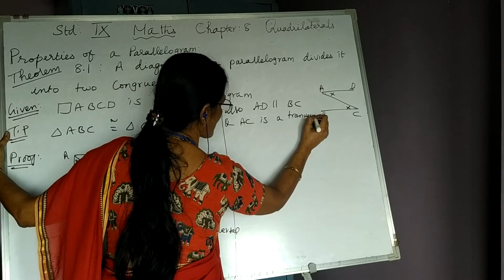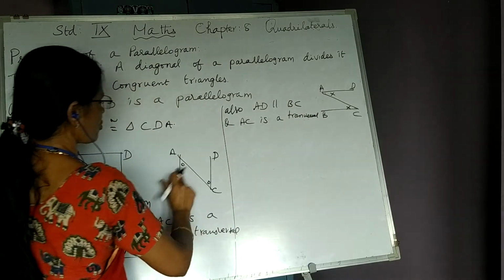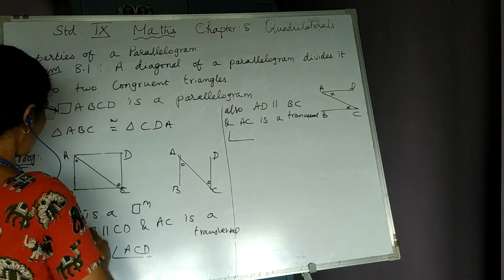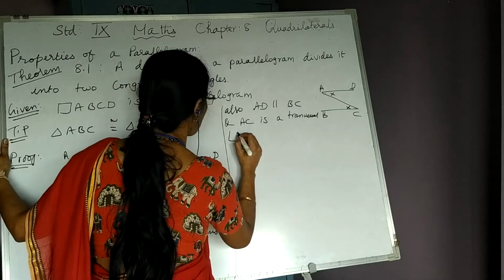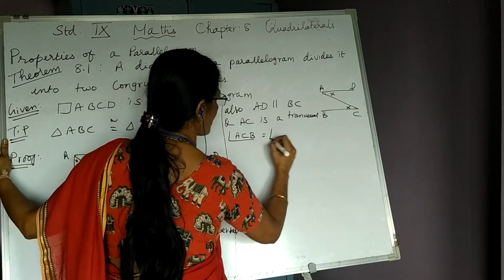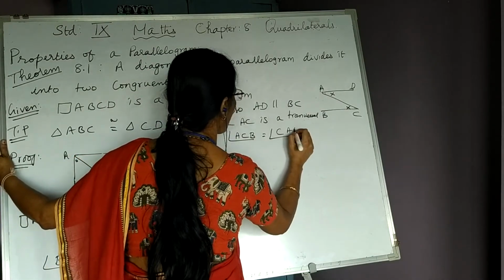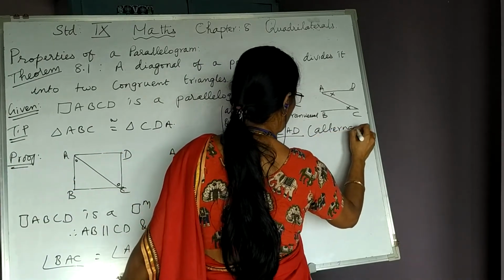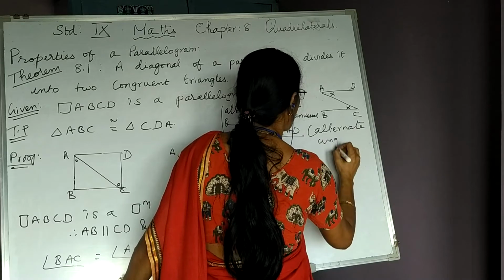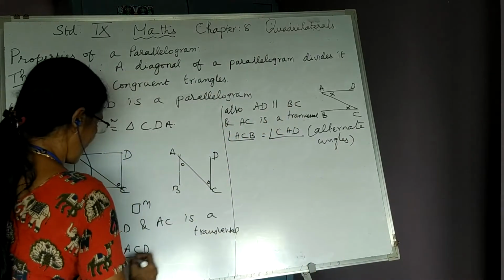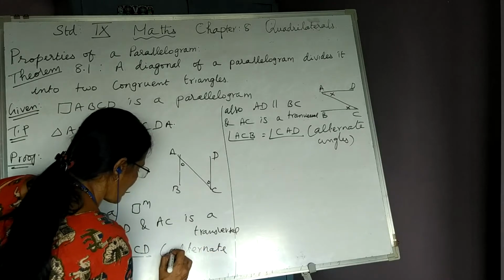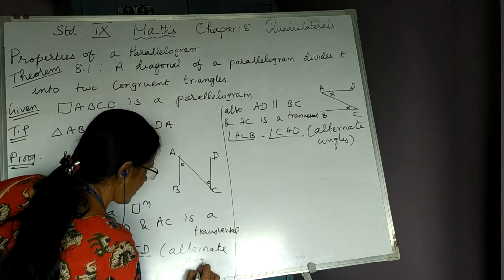So the same transversal acts for two pairs of parallel lines. So which angles are equal? Angle ACB is equal to angle CAD. Again, alternate angles. We know when a transversal intersects a pair of parallel lines, alternate angles formed are equal. We have studied this already.